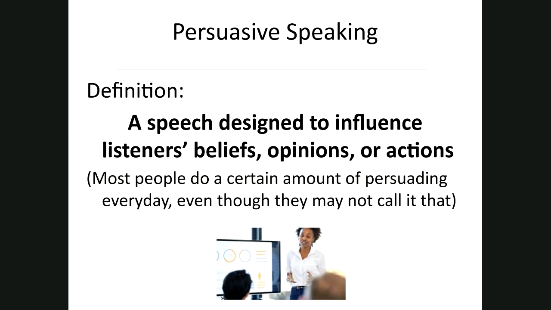The definition of persuasive speaking is a speech designed to influence listeners' beliefs, opinions, or actions. Now, most people do a certain amount of persuading every day, even though they may not call it that.